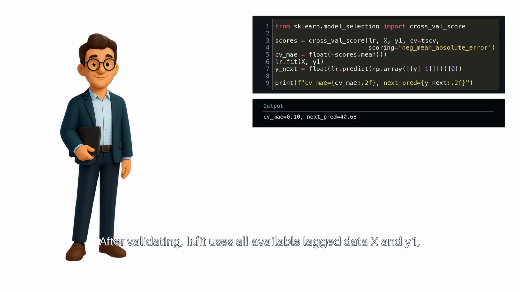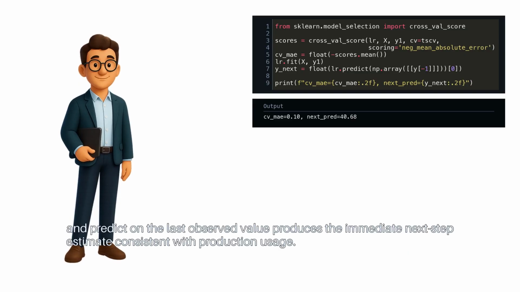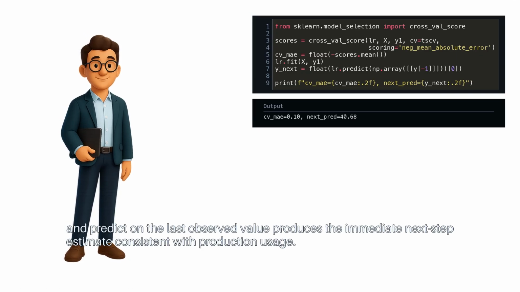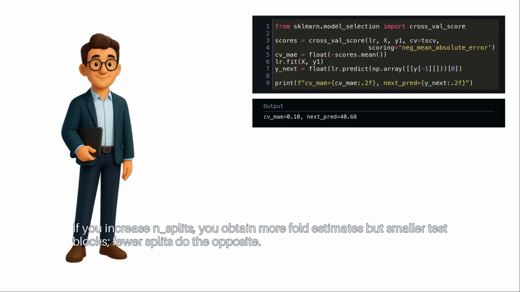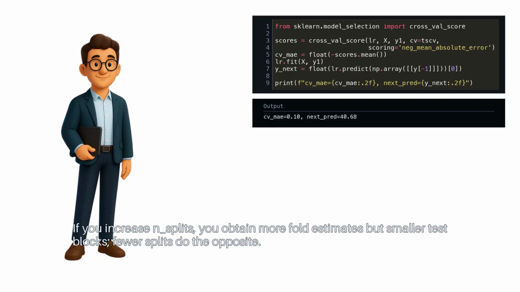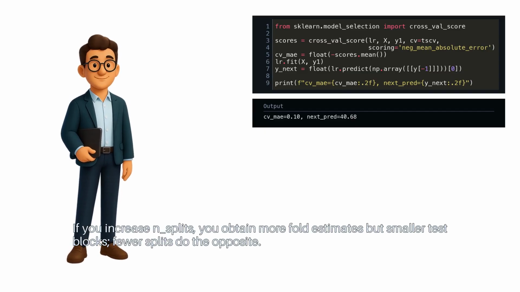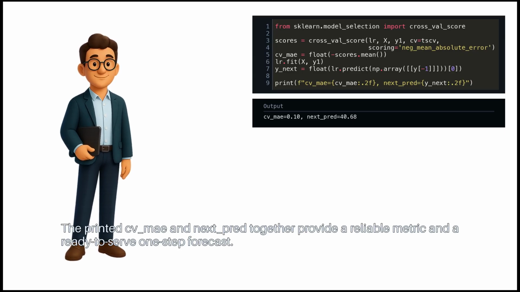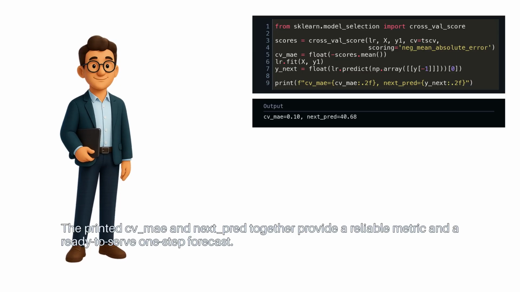After validating, LR.fit uses all available lag data X and Y1 and predict on the last observed value, produces the immediate next step estimate consistent with production usage. If you increase n_splits, you obtain more fold estimates but smaller test blocks. Fewer splits do the opposite. The printed CVMAE and NextPred together provide a reliable metric and a ready-to-serve one-step forecast.